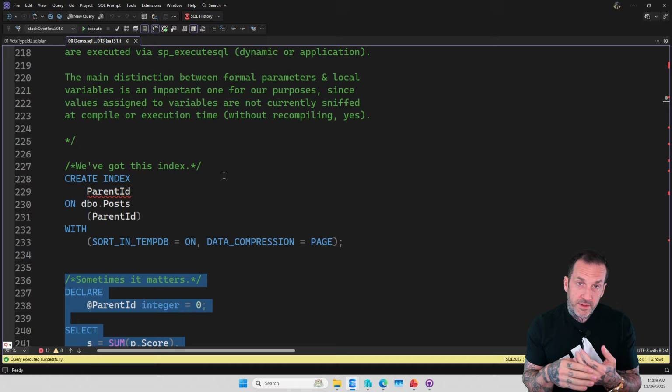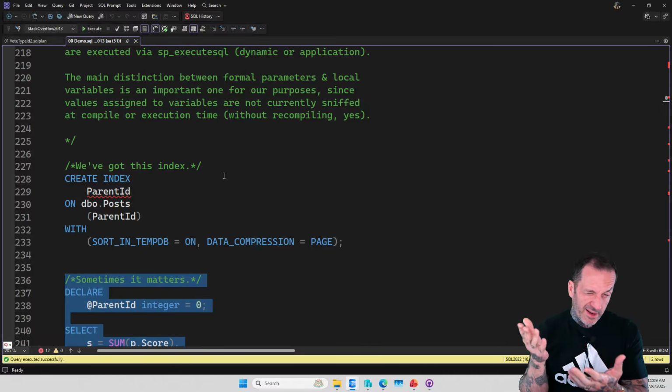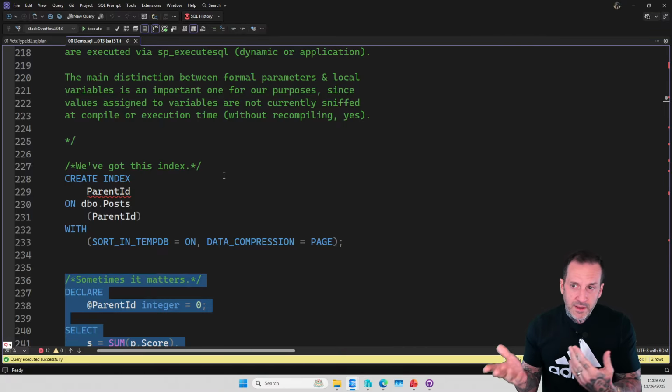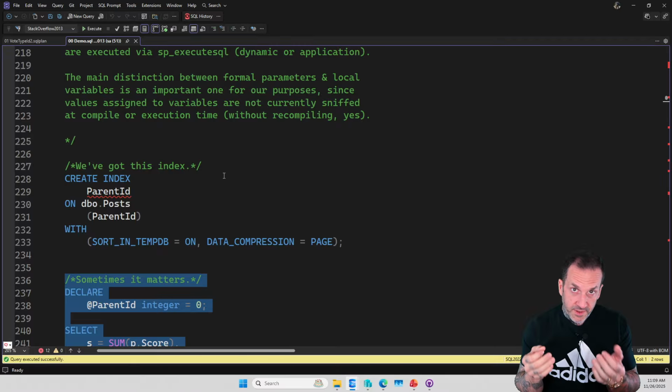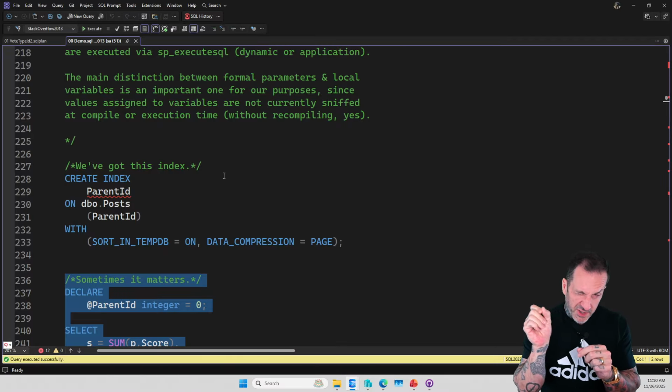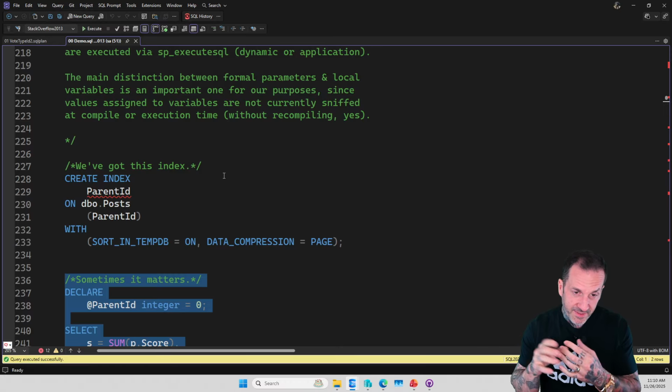Sometimes there are other search arguments in the where clause that might sort of tame the effect of bad cardinality estimation from local variables. I'm not saying that it's okay to use them all the time, but I am saying that a lot of the times, you might have other stuff in the code that sort of hides or smudges over a little bit how bad those estimates can be.